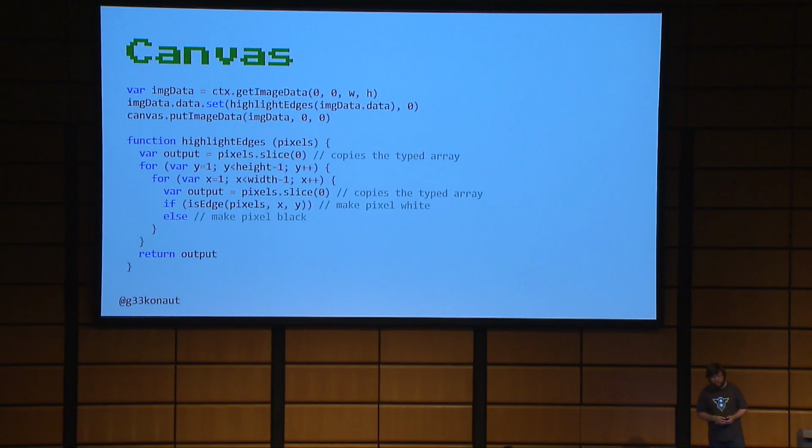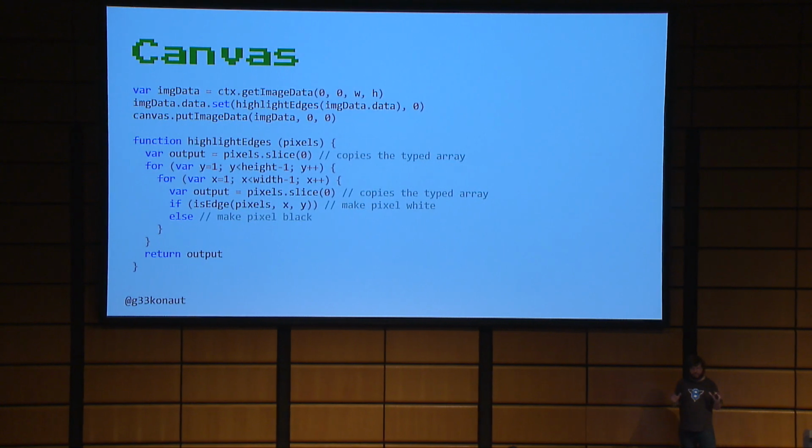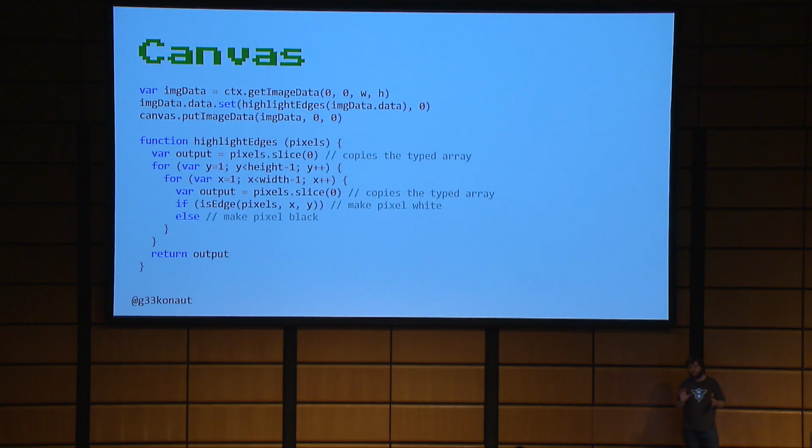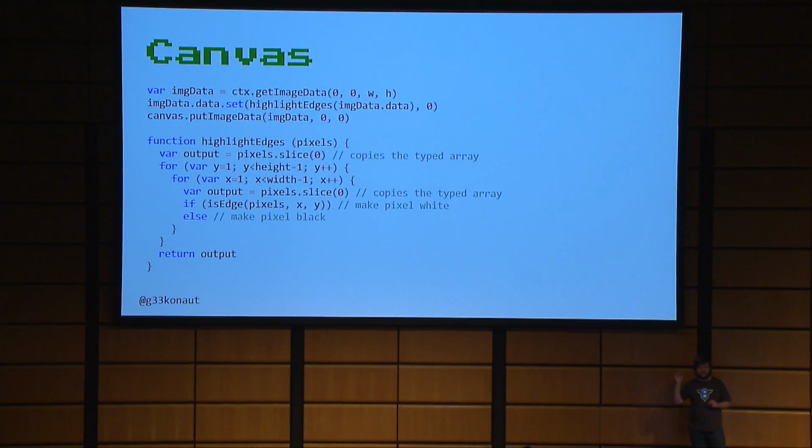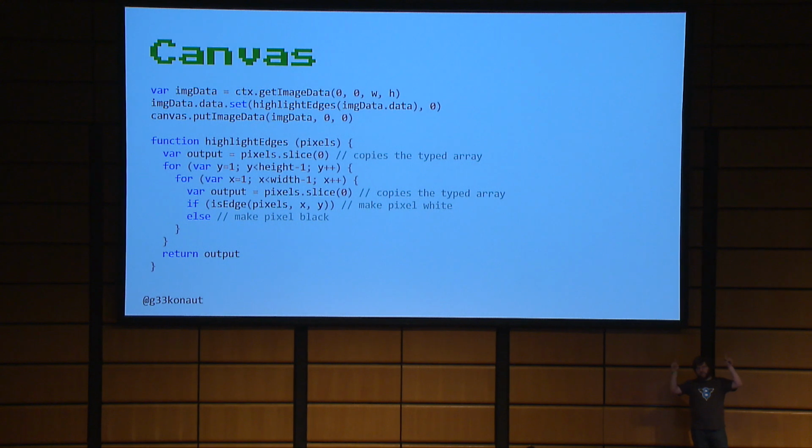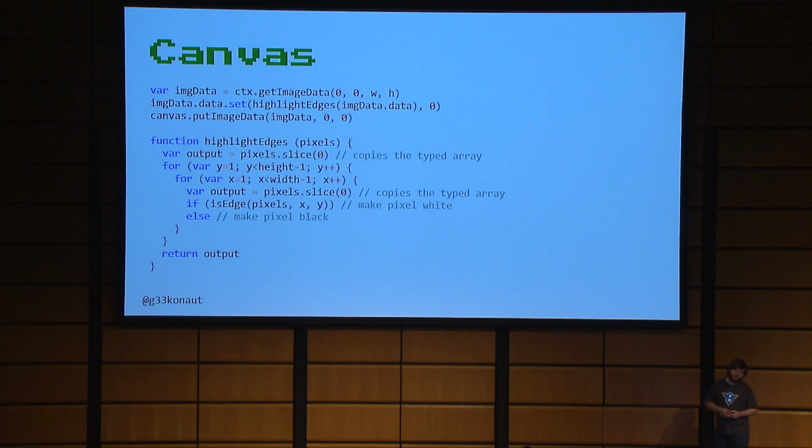Now, this is more or less most of the code that we have to write for the canvas 2D. The isEdge function is what I described: we're looking at the pixels around the current position and finding out if this is an edge or not. If it is, we put white. If it is not, we put black in this position, and then we copy the data back.